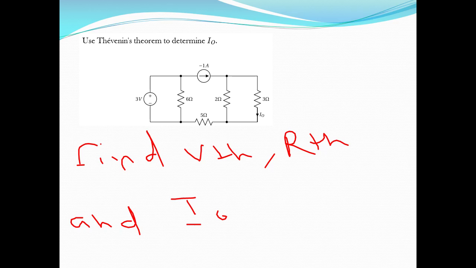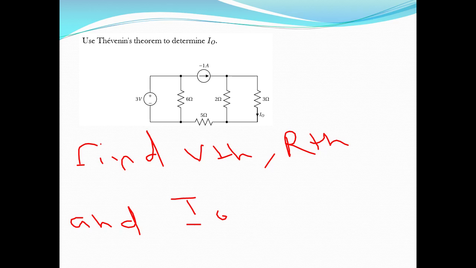VTH is the open circuit voltage at the load terminal, across which we have to find the current. Second is RTH. RTH is the equivalent resistance across the load terminals when the load is removed from the circuit.